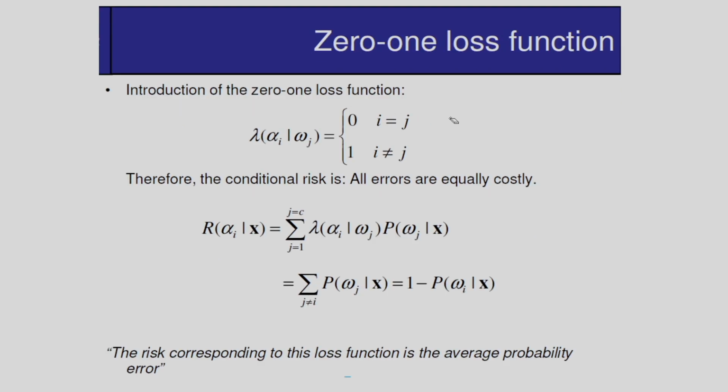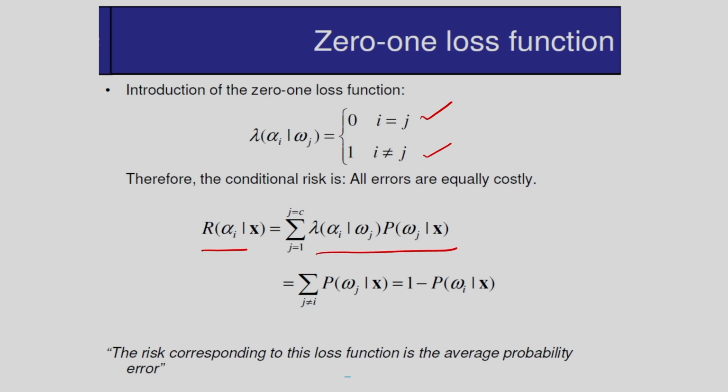Now I am defining the 0-1 loss function. Lambda of alpha i given Wj is equal to 0 if i is equal to j, so the loss will be 0 if i is equal to j. Otherwise, if i is not equal to j, the 0-1 loss function will be 1. After this, I am considering the conditional risks, which you already know.